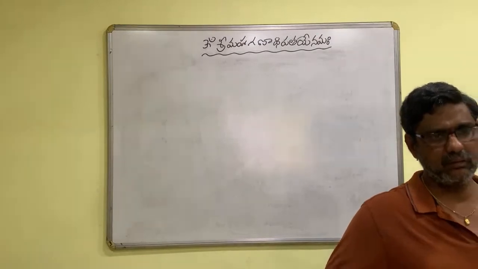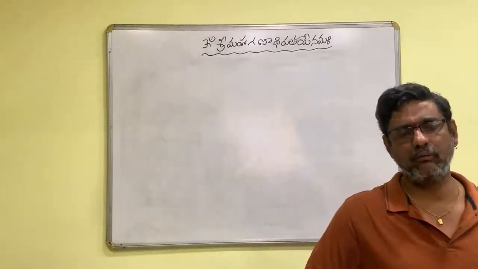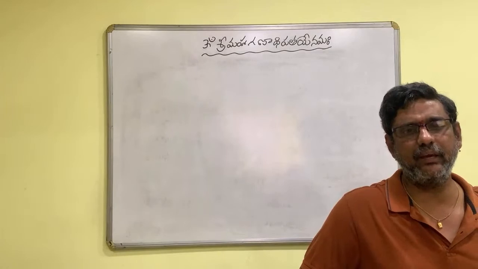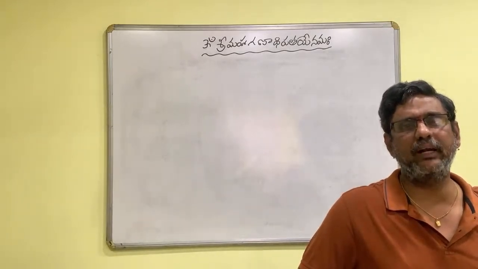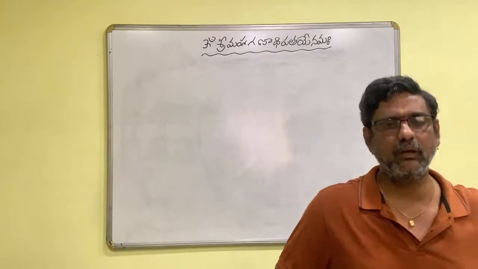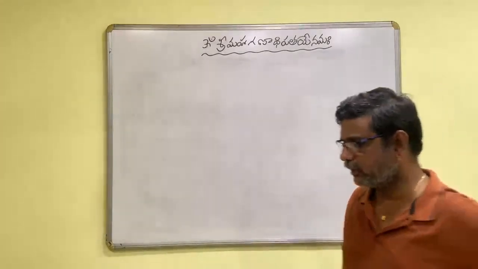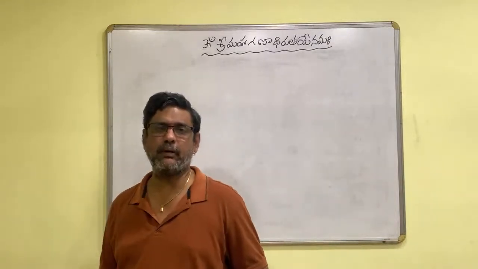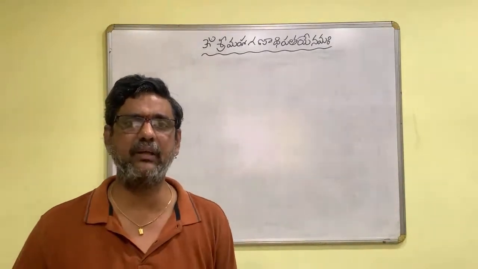Previous class lo ఇచ్చిన situation ని how to convert it into the general form of a linear equation in two variables. Okay na? So ఈ రోజు I will explain what is the general form of the equation.